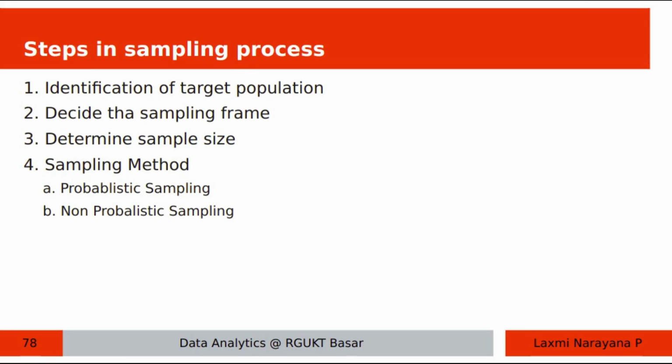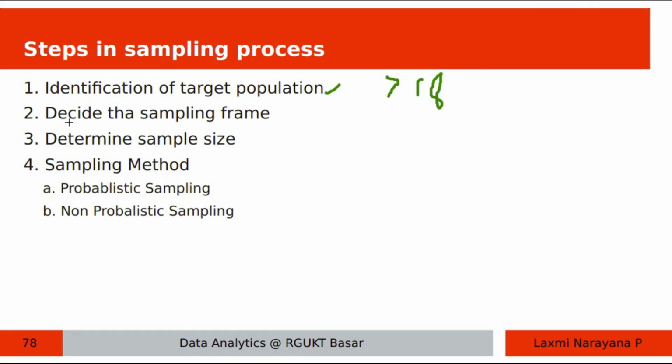The following steps are used in any sampling process. First one is identification of the target population. Suppose you want to conduct an opinion poll, you have to conduct the study on people whose age is over 18 years, meaning they can vote. If you conduct the study on children below age 18, it may not give proper results.